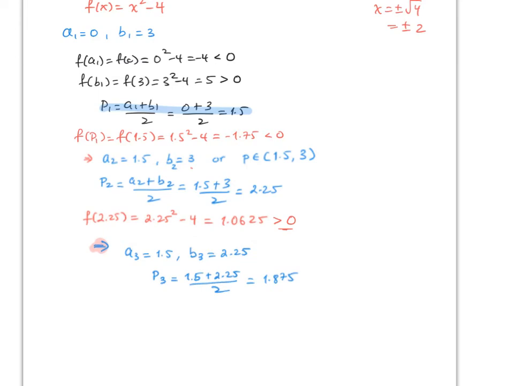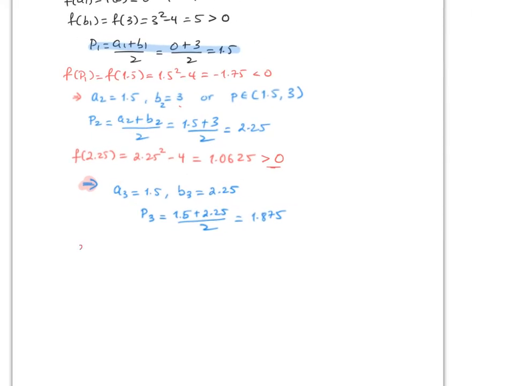And then if you evaluate this, you will see that f of 1.875 is equal to minus 0.4048, 4375, and you can see how it's getting closer to 0. You should be stopping the video at the point of the calculations and check yourself using the calculator that you actually get these values.